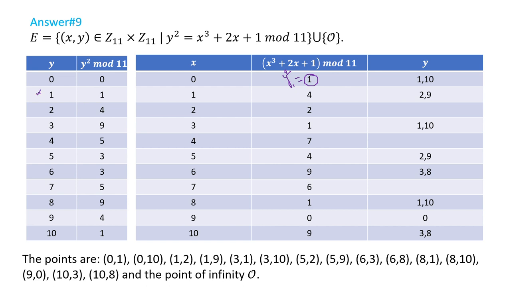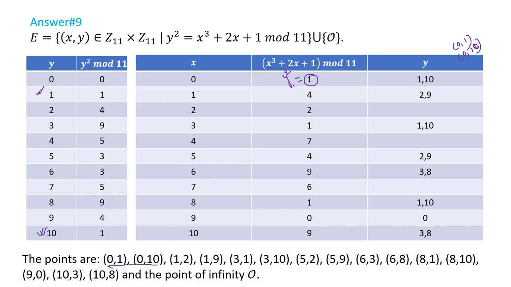Y equal to 1 and y equal to 10 both lead to square 1 mod 11. So our x comma y becomes, actually x was 0, so 0 comma 1 and 0 comma 10, because putting 0 here gives you 1, and the square root of 1 is 1 or 10. So 0 comma 1 and 0 comma 10 both are points on the elliptic curve.